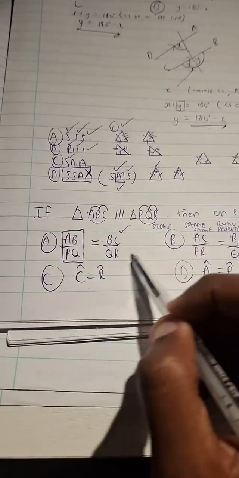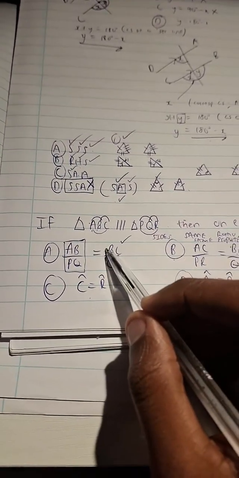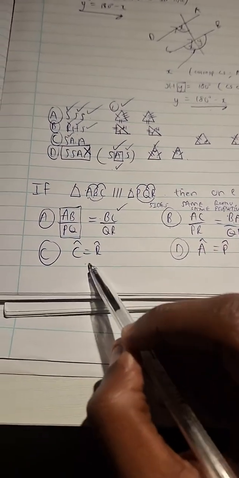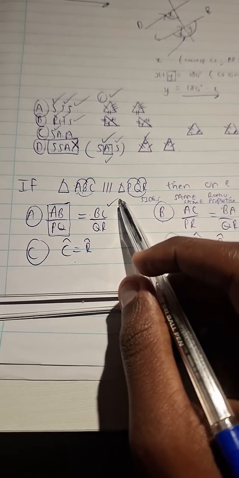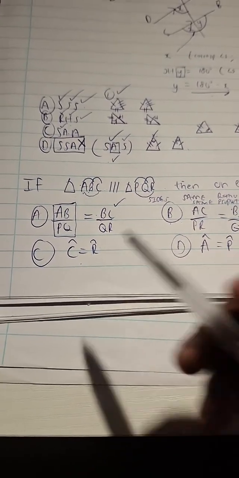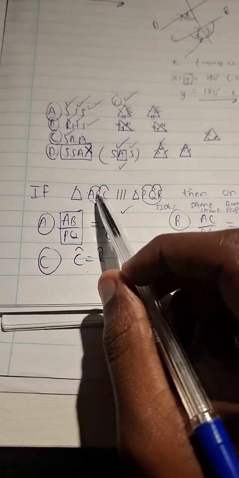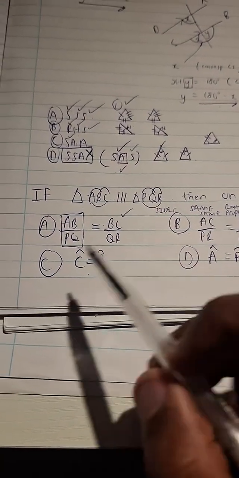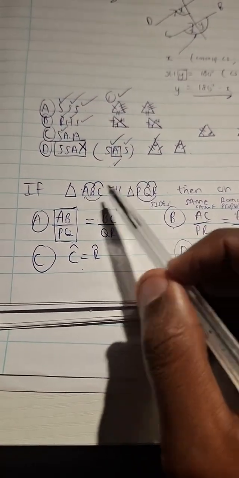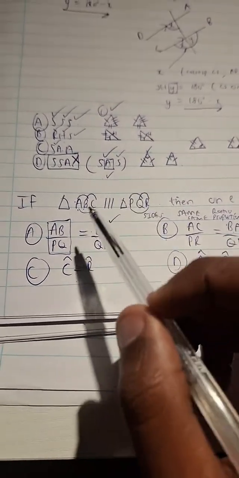So this here is talking to that. Then remember, the other part of similar triangles is that the corresponding angles are equal. Just as the corresponding sides are in the same ratio or proportion, the corresponding angles are equal. Let's check if that is the case.